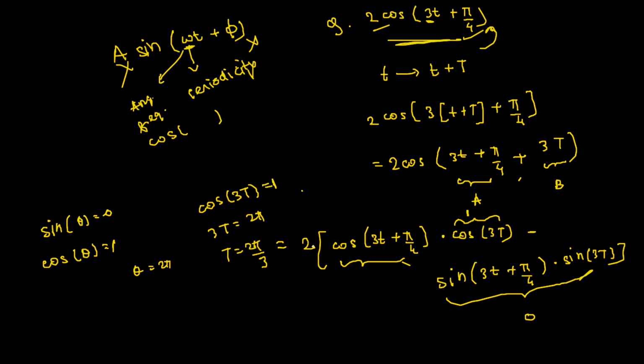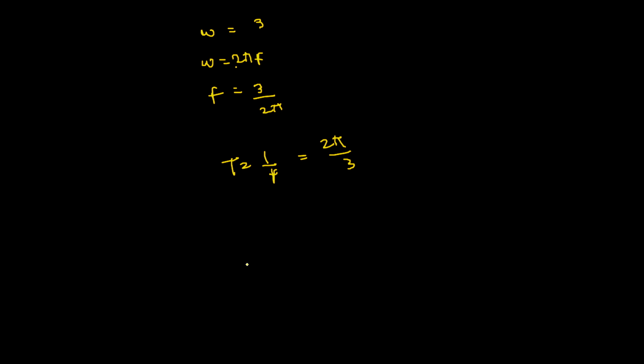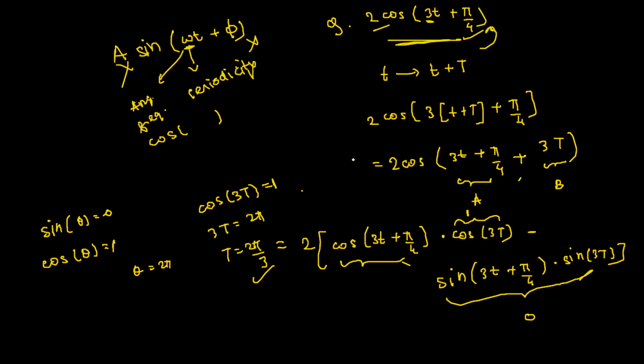So we know that omega is equal to 2 pi into f, right? So f becomes 3 by 2 pi. And we also know that time period is equal to 1 by frequency. So my time period is 2 pi divided by 3, which is exactly what we got here. So with this, this is just the simplest way to find the time period of a trigonometric function.